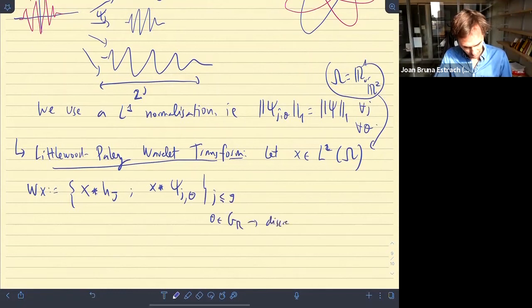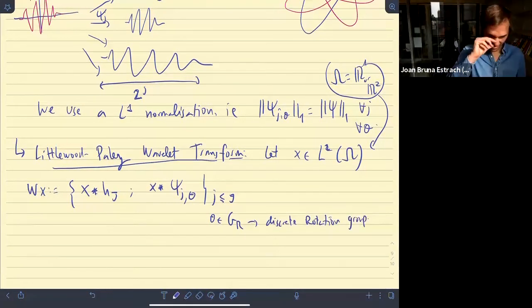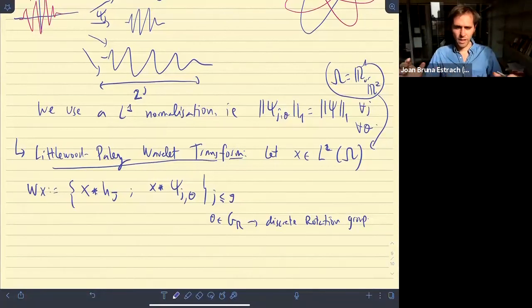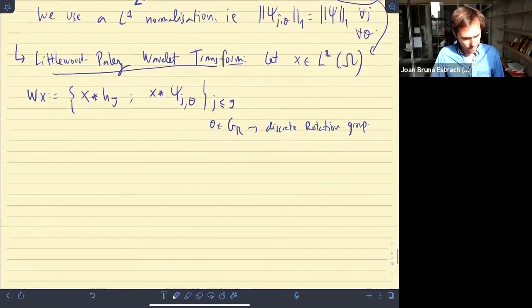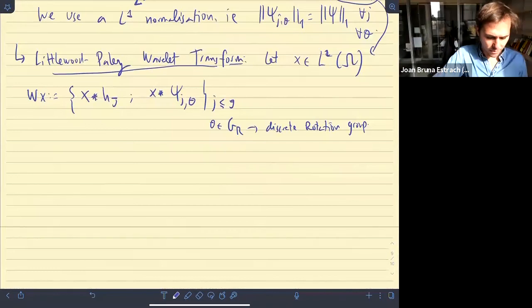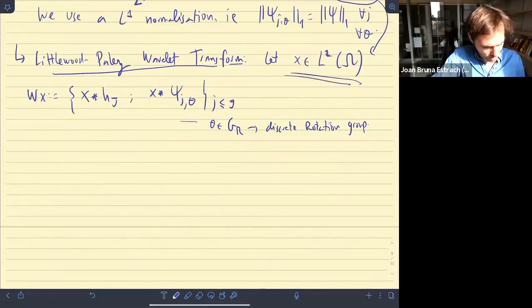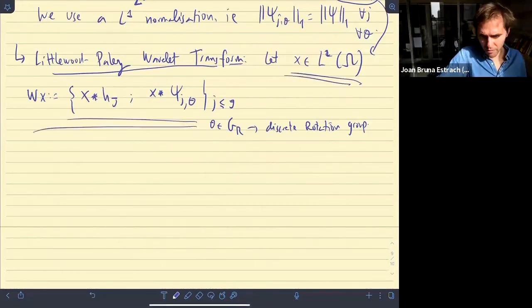So this is like a discrete rotation. Right. So for instance, I take my different angles, right? In 2D, I have maybe from 0 to 2 pi, and I discretize it into, let's say, 10 angles, and I have one of the wavelets for each of these angles. Okay, so basically I map a signal x to a collection, but actually to an infinite collection of signals, right?